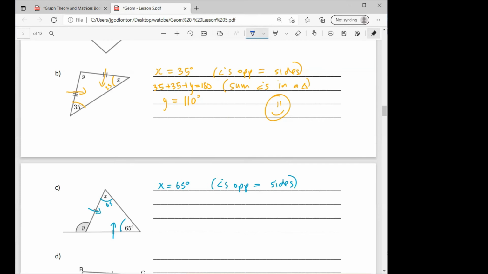So for Y, there's my triangle. That's my exterior angle, which is the sum of those two interior angles. So Y would be 65 plus 65, and my reason is exterior angles of a triangle, which means Y is equal to 130 degrees. So well done to those of you who got there.